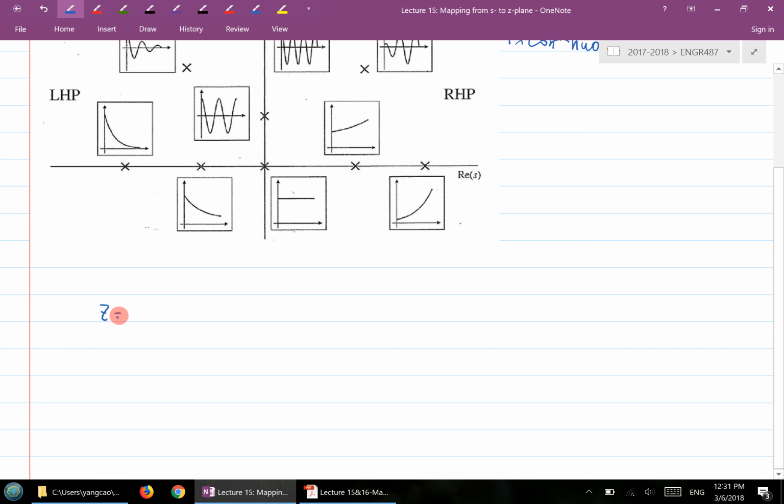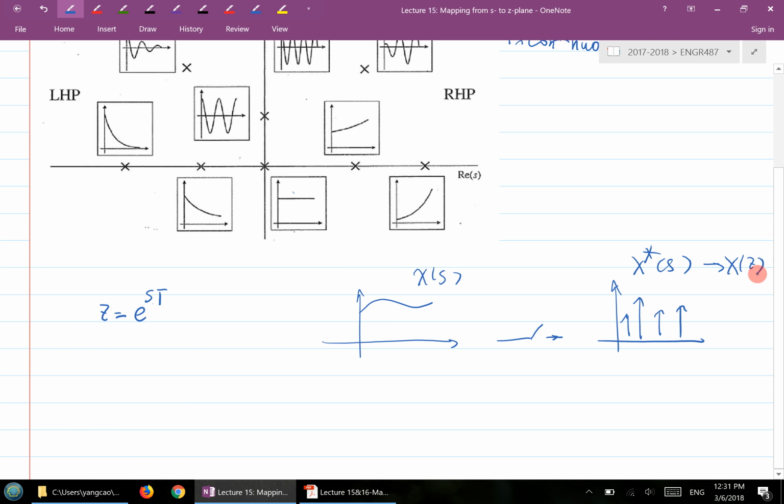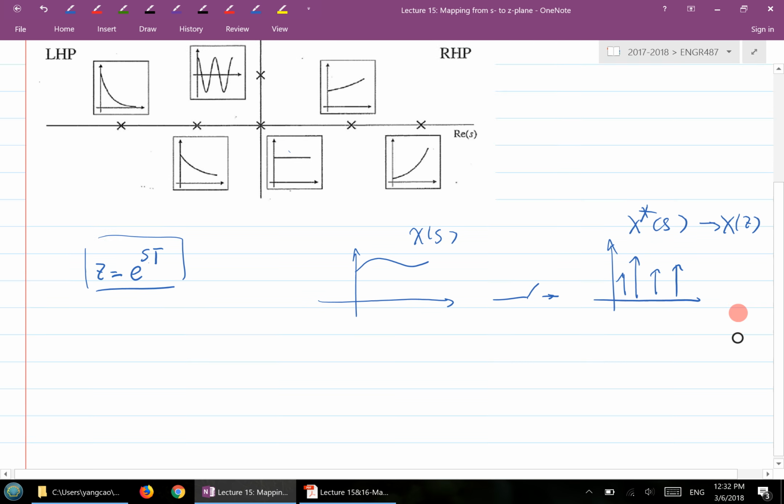Bottom line is you have this expression relating S and Z. This relationship comes from the mathematical derivation when you apply impulse sampling to a continuous signal, to transform from the Laplace transform to the star Laplace, and then from the star Laplace to Z. You have this equality to relate S and Z.